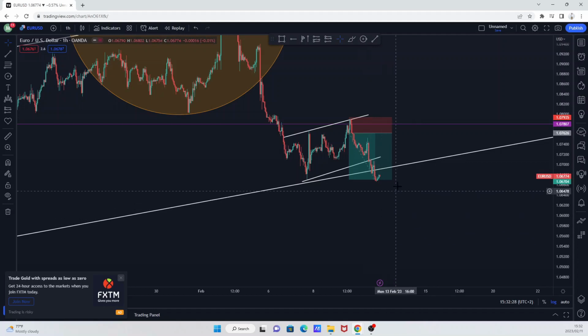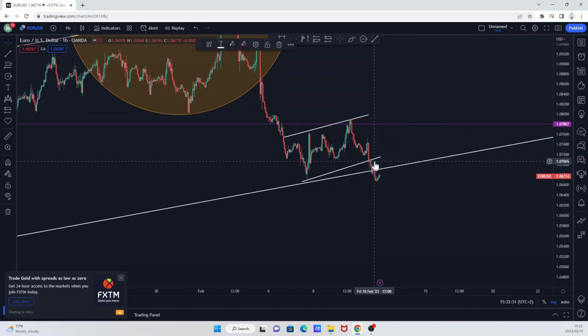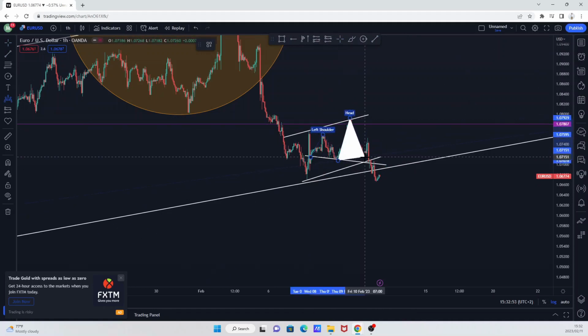Since you already missed this trade, let's look at where it is now. We're seeing our flag, and from our flag we're also seeing another pattern that is formed. Look at this: there's your left shoulder, your head, and your right shoulder, which is a reversal pattern.